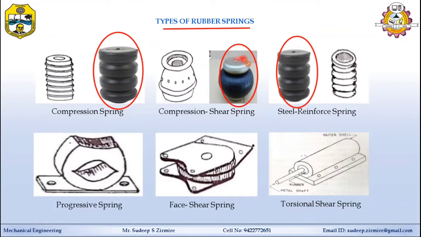This spring has different types of advantages. First advantage is it stores greater energy per unit weight than the steel spring, and it is made in a very compact size, meaning it requires less space. Second, rubber has excellent vibration damping properties as compared to the steel spring.